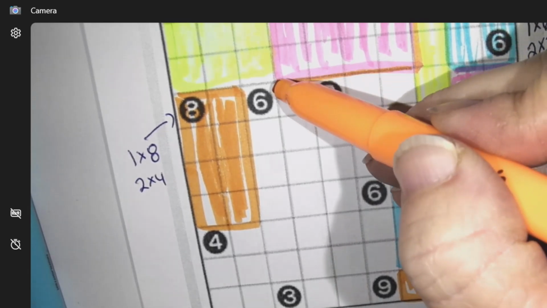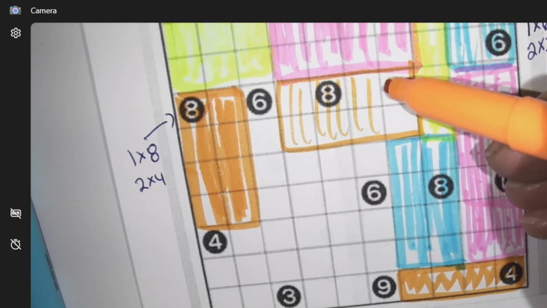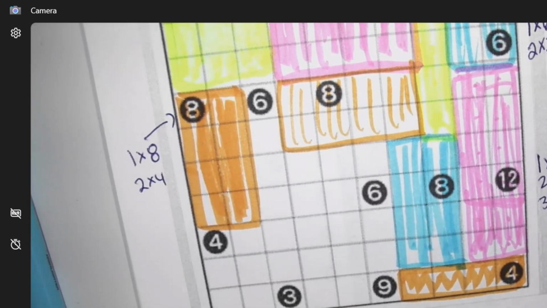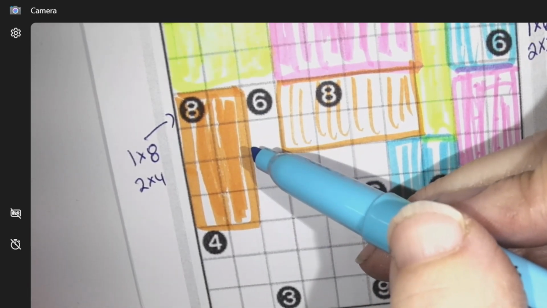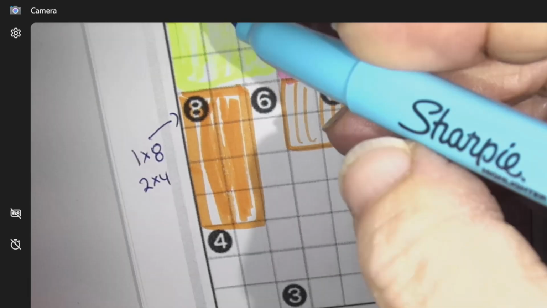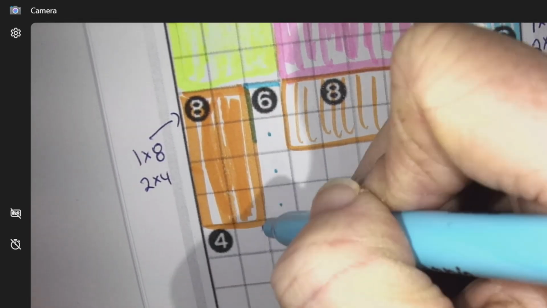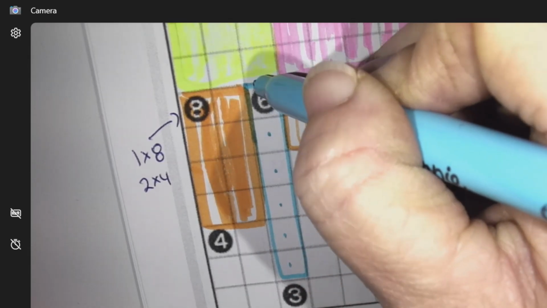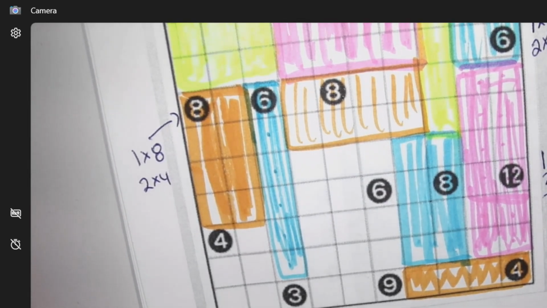I think this also has to be a 2 by 4, right? Okay. Ooh, this 6. I think there's only one option now. I gotta go long rectangle. 1 by 6. 1, 2, 3, 4, 5, 6.